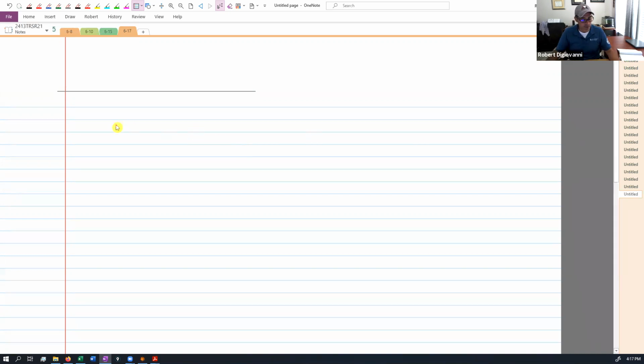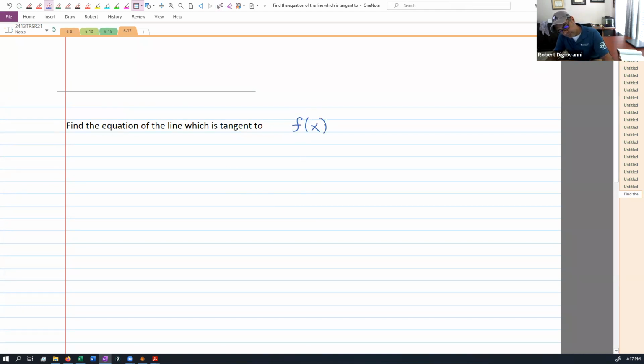I'd like for you to find the equation of the line which is tangent to the curve f of x equals x cubed plus x over 3x squared plus 1 at x equals 1.